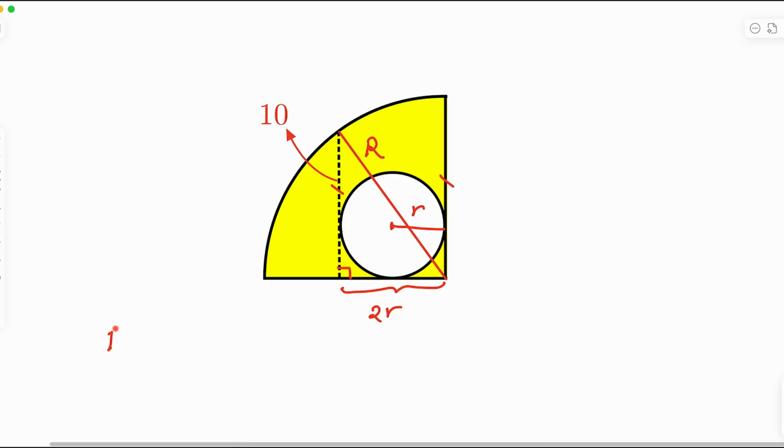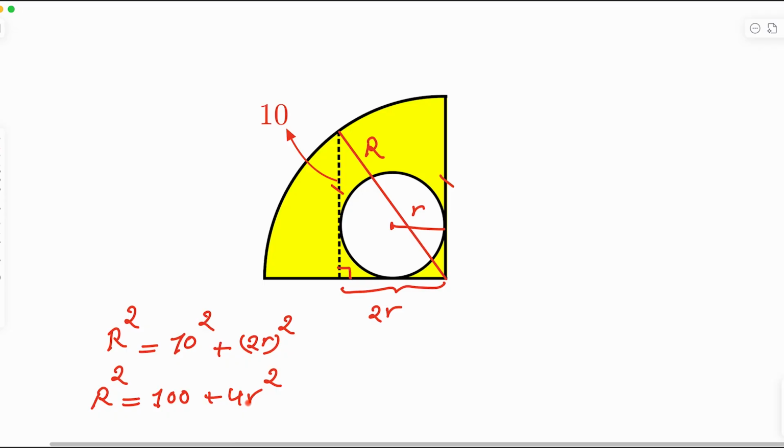So we can write R squared is equal to 10 squared plus 2r to the power of 2. If we simplify it a bit, we get R squared is equal to 100 plus 4 r squared.